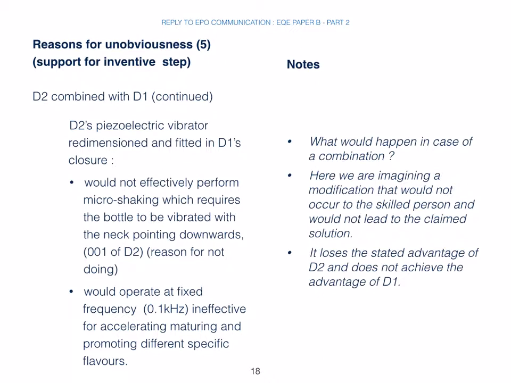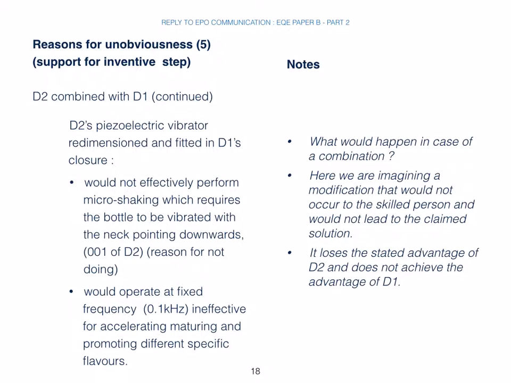D2 combined with D1. D2's piezoelectric vibrator, if it were redimensioned and fitted in D1's closure, it would not effectively perform microshaking, which requires the bottle to be vibrated with the neck pointing downwards, D2 paragraph 1. This is a reason for not doing it.